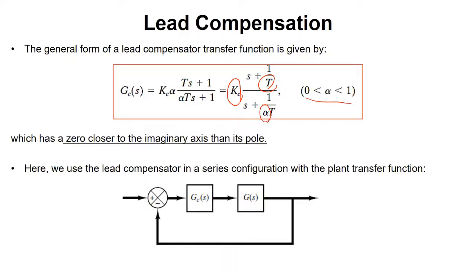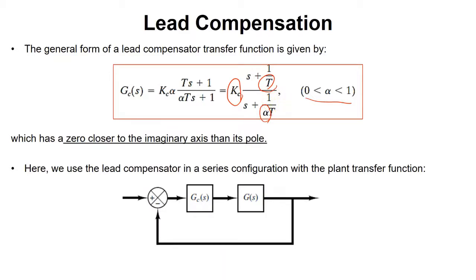Since alpha is between 0 and 1, it makes the pole overall a bigger thing compared to the numerator, because alpha is in the denominator of this term, 1 over alpha T. If alpha is, let's say, 0.5, and the zero is at negative 1 over T, then the pole is at negative 2 over T, right?